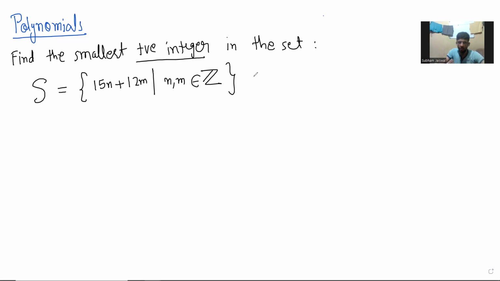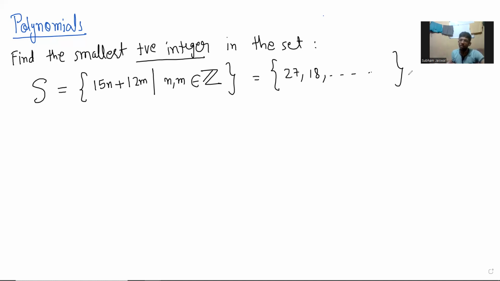Just to make this more concrete, what kind of things can be there? If you put n and m equal to 1, then you have 27 in this set. If you put n equal to 2, m equal to minus 1, then you have 30 minus 12, 18 in the set. And so on. I'm not going to write everything.